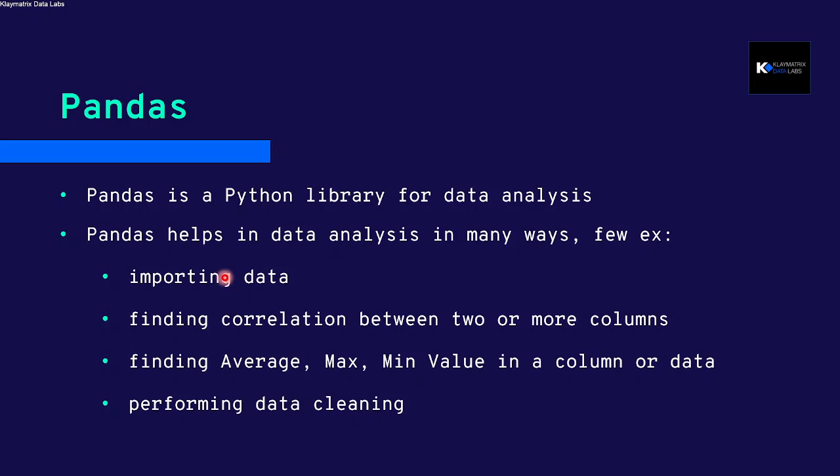You can do all these things and much more using the Pandas library, which include importing data, finding correlation or doing some statistical analysis between two or more columns of the data, finding mathematical or statistical calculations like average, max, mean, minimum, doing some basic aggregations, and also performing data cleaning. So these are some basic functions that pandas can do, and there are a lot of other things that can be done. So let's go there step by step.